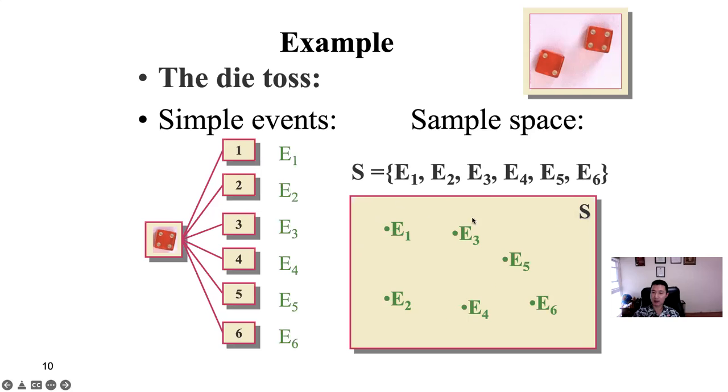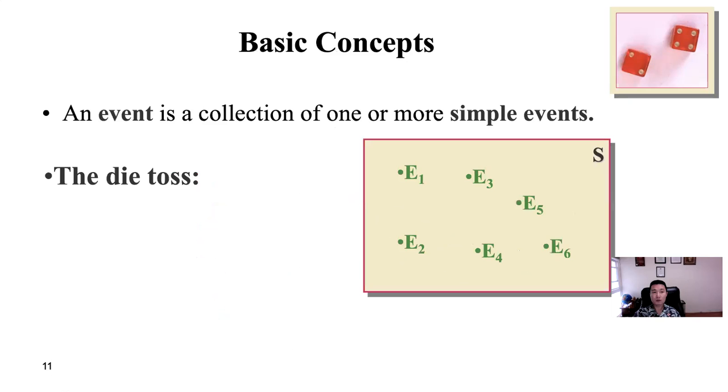Within the sample space, we have six simple events. So all possible outcomes together is called the sample space. An event is a collection of one or more simple events.